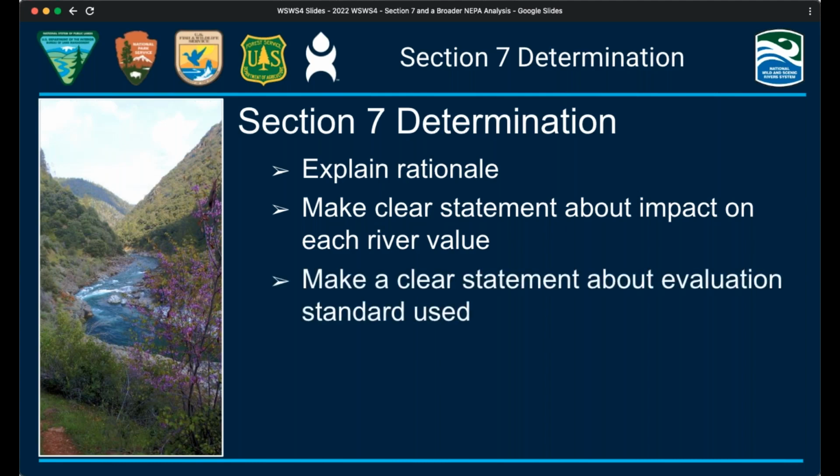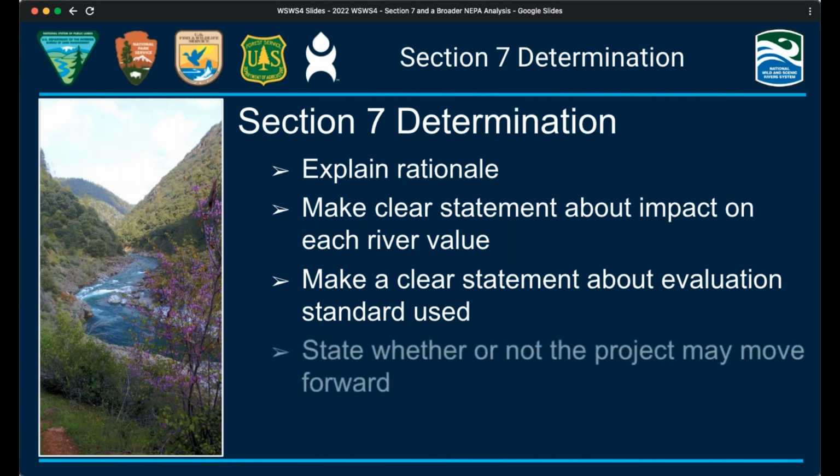Again, as Dave laid out, the most frequently used standards are direct and adverse effect. That's for projects that are within the river corridor. Invade or unreasonably diminish for upstream and downstream projects or projects on tributaries, and invade or diminish for upstream, downstream, or tributary projects in the case of a congressional study river.